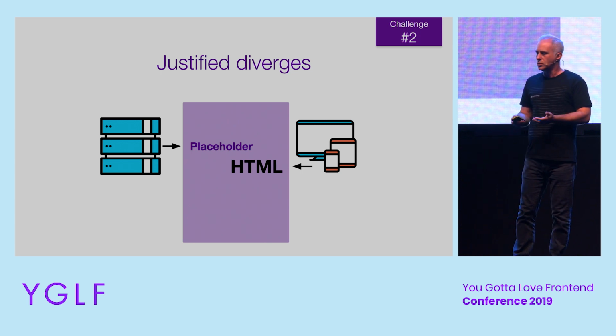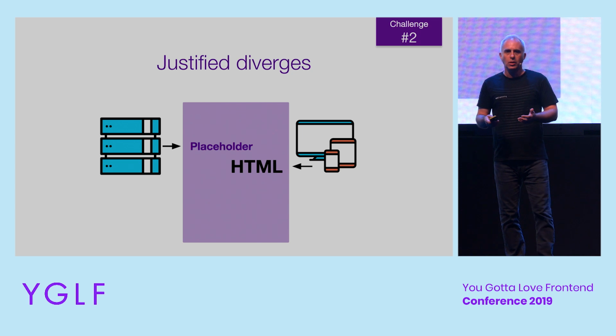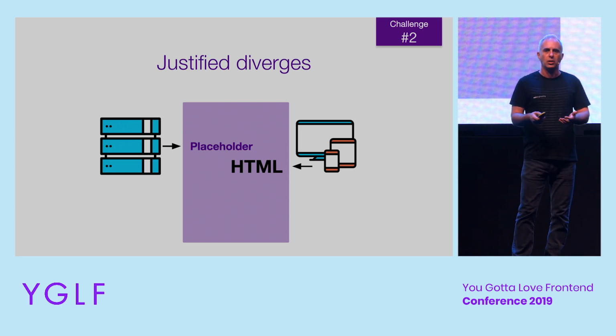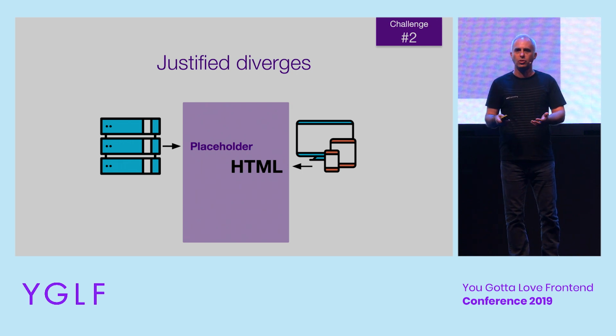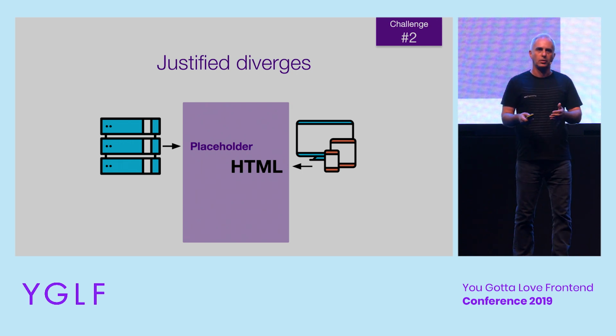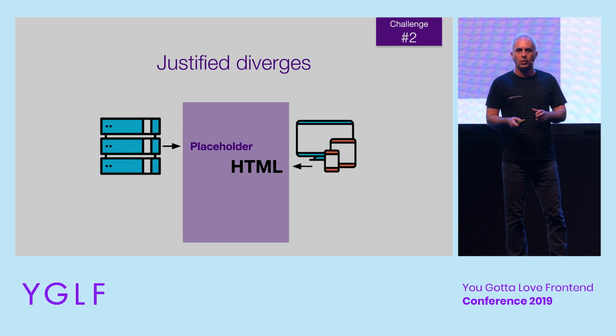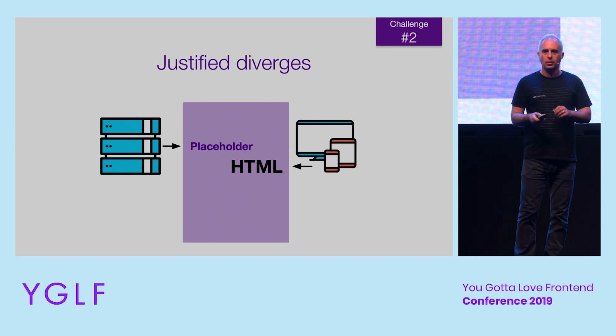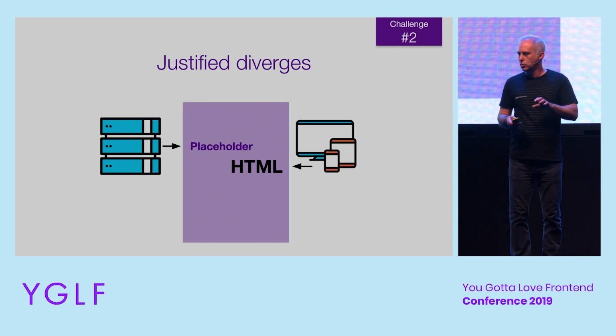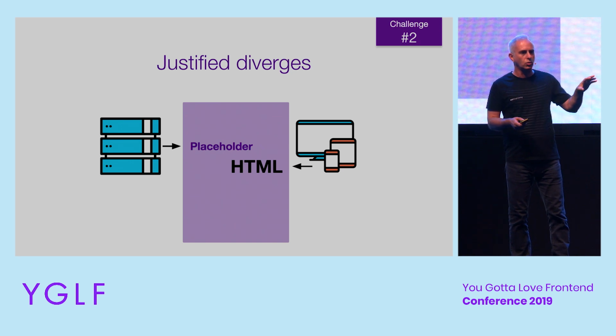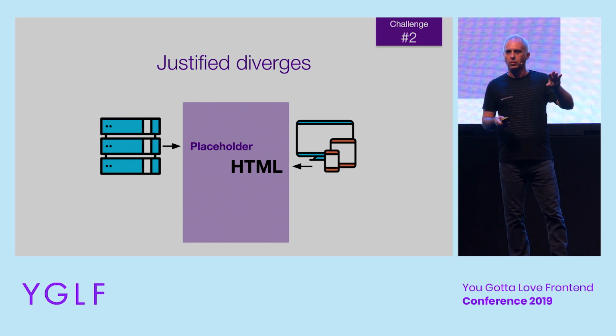So in that case, what can you do? The best way is to try to design your page in such a way that these kinds of diverges don't occur. And if they're unavoidable, then what we've seen is that a better user experience is generally to put in some sort of placeholder rather than putting in a wrong value and then replacing it with the right value after a bit.